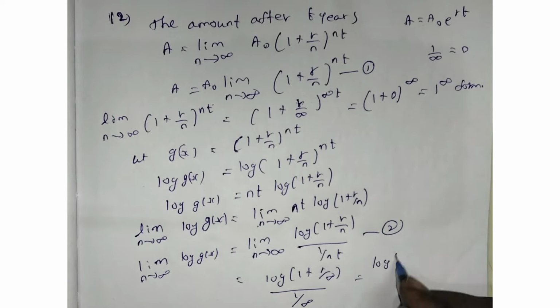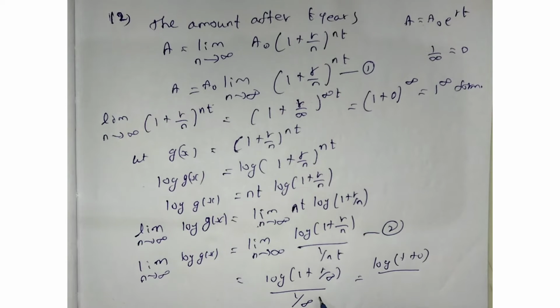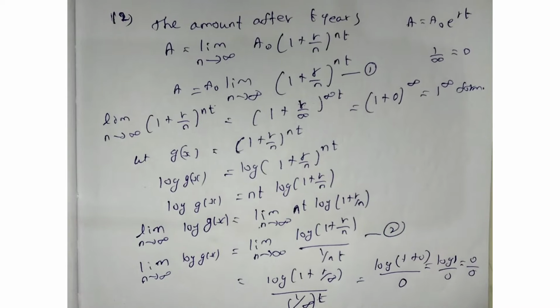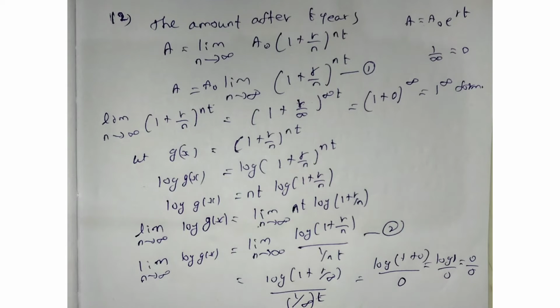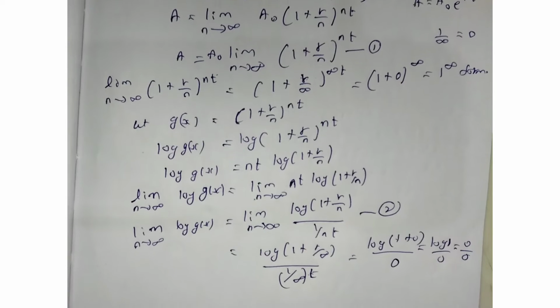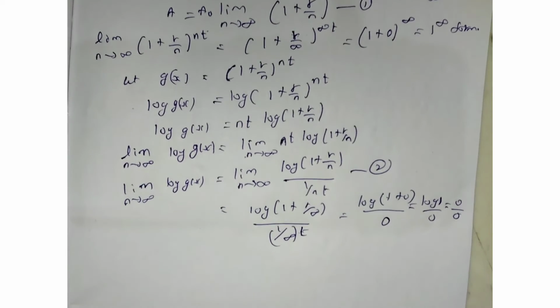So it becomes log of 1 plus 0, and 1 by infinity is taken as 0. So 0 into t becomes 0, and log 1 also becomes 0. So finally it becomes a 0 by 0 form.